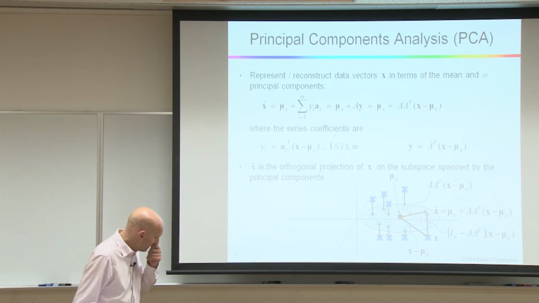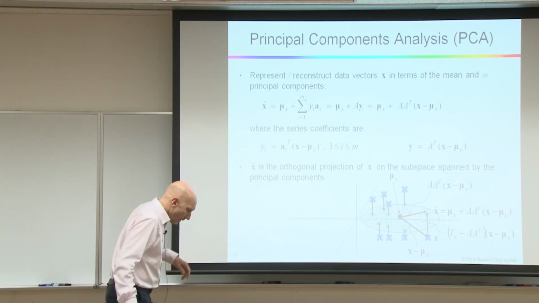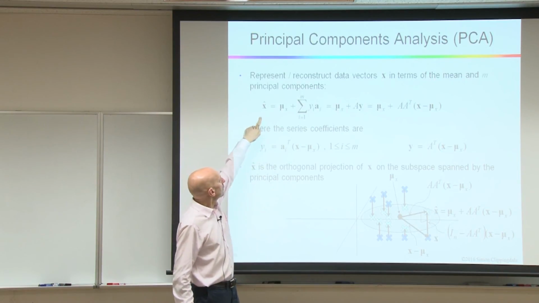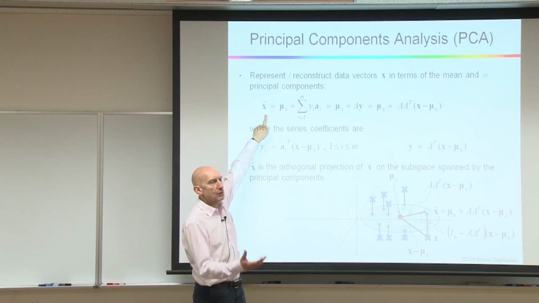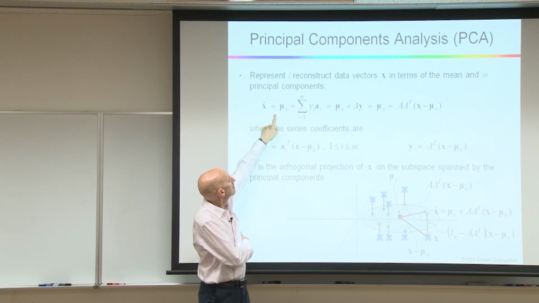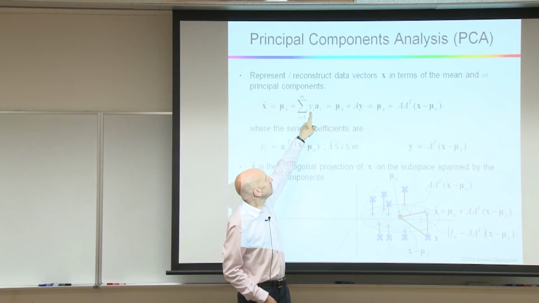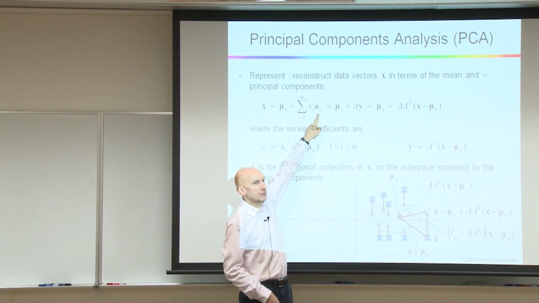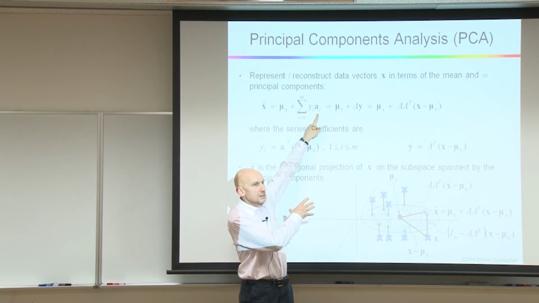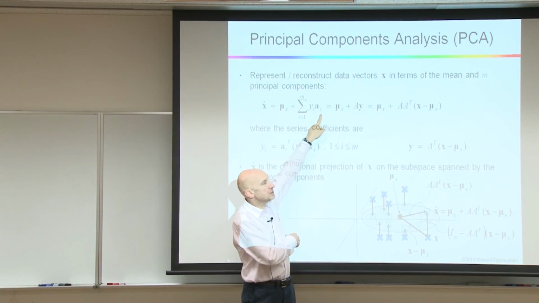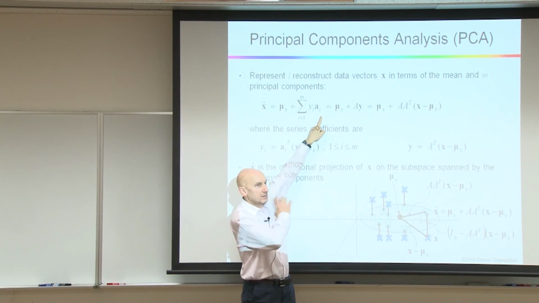Effectively what it is, you can express any of those face images as the mean face image plus something times the first eigenface plus something times the second eigenface plus something times the third eigenface.